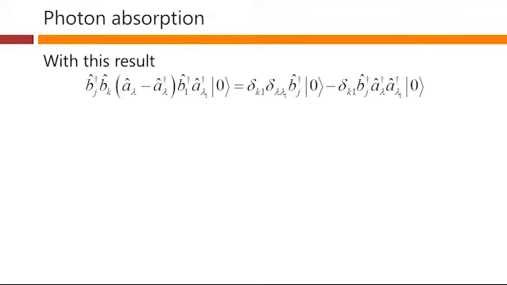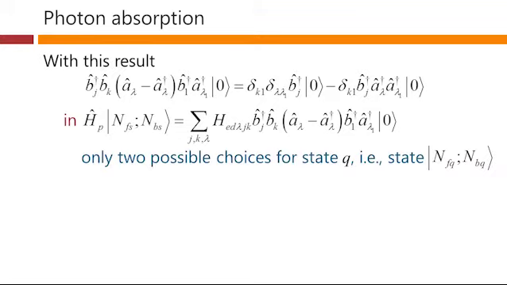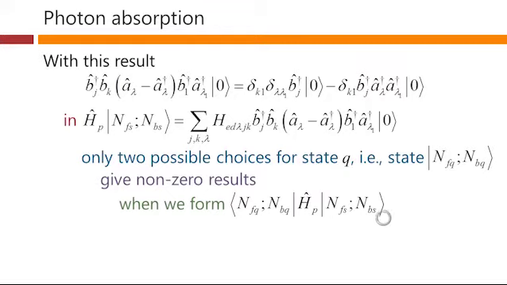With this result that we've just figured out here, in this part of the matrix element we're interested in, there are therefore only 2 possible choices for the state Q in the state we're going to put on the left-hand side here that will give us non-zero results when we come to evaluate the entire matrix element.